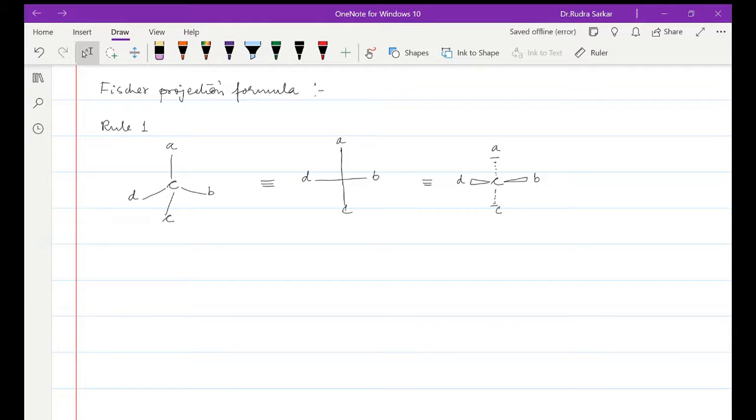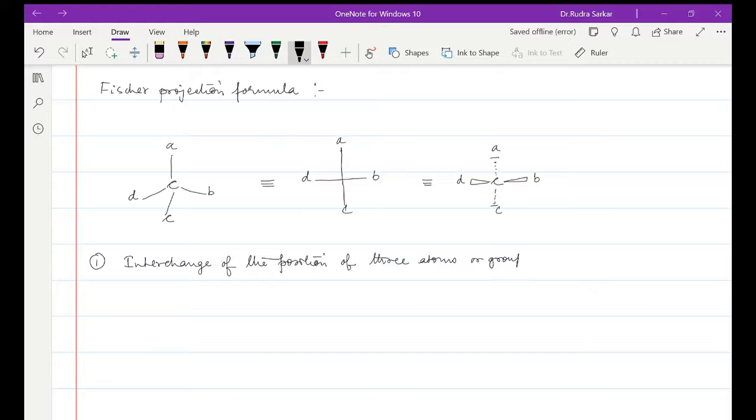Now, according to Fischer, say rule 1, interchange of the position of 3 atoms or groups at a time is allowed.